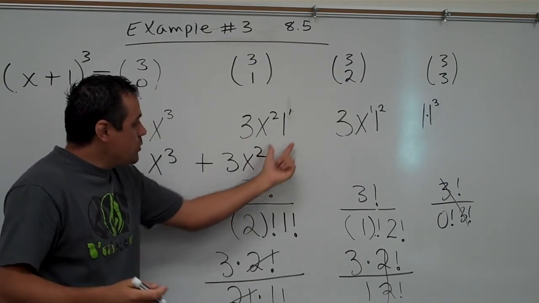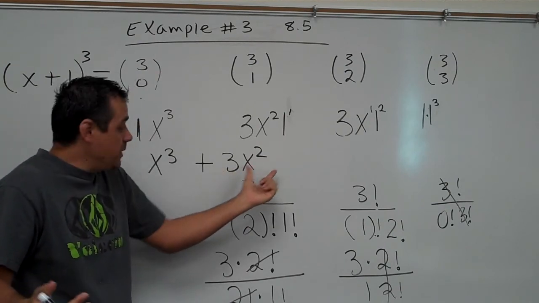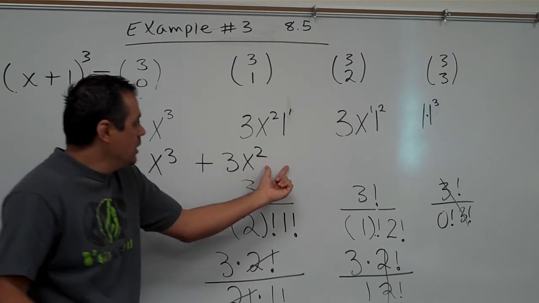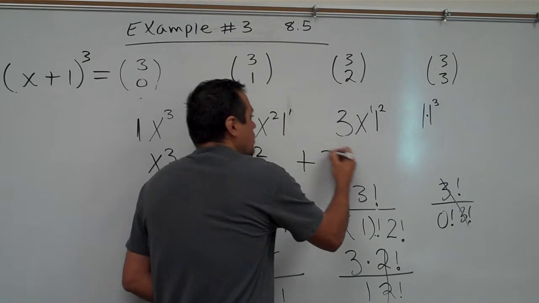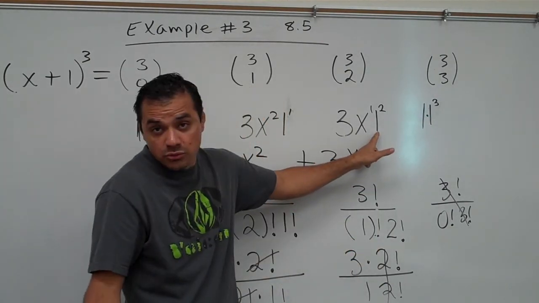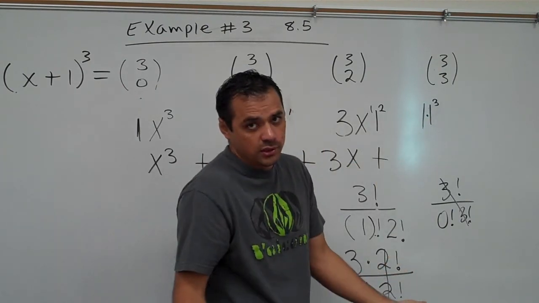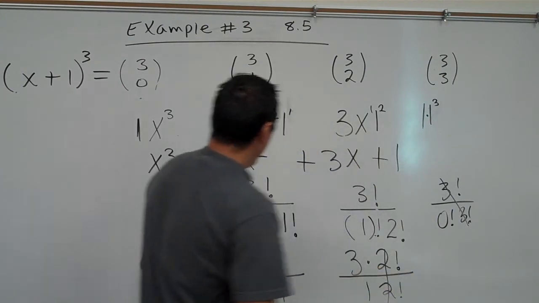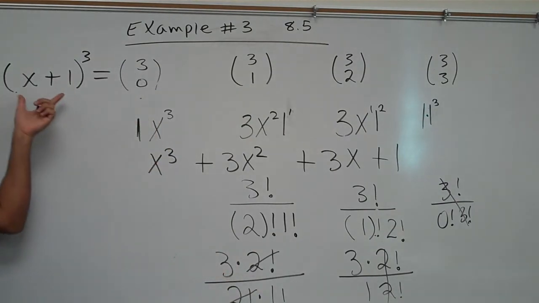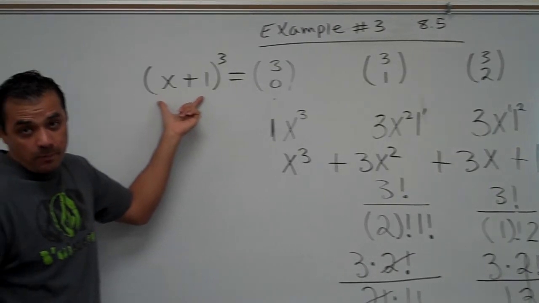In the original example, you had a y here, so it would be times y. But since it's 1, it looks like it disappears, but it's just a 1. Plus 3x to the first, because 1 squared is just 1, plus, well, what is that? 1 times 1 to the third is 1. And that, my friends, right there is using your binomial theorem to expand this specific binomial.